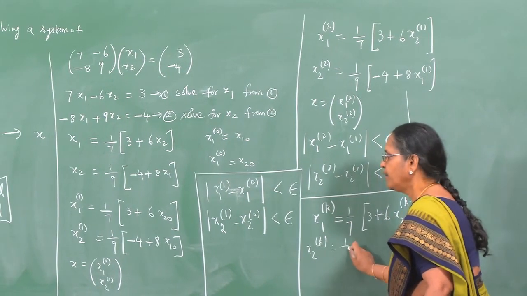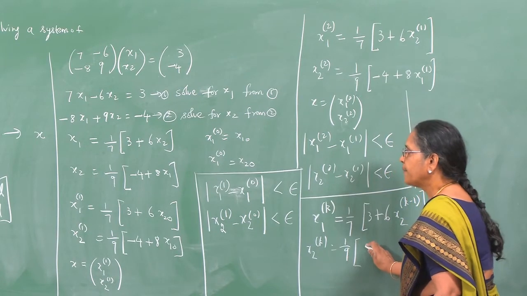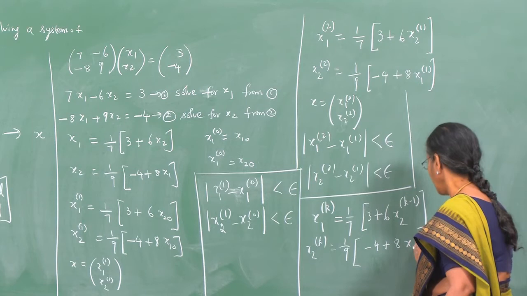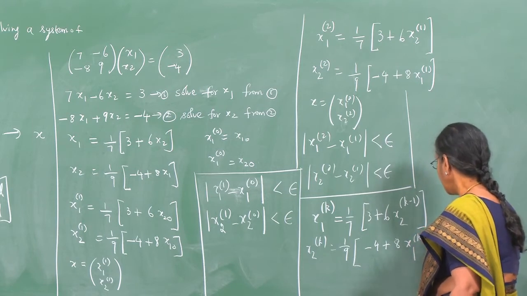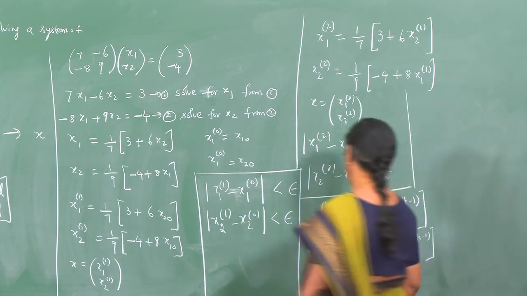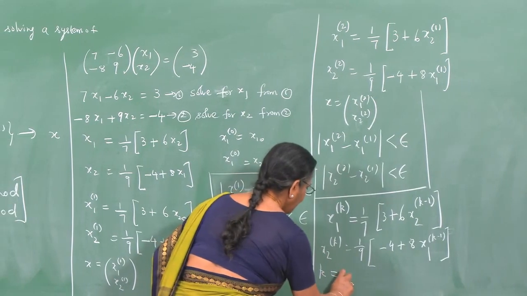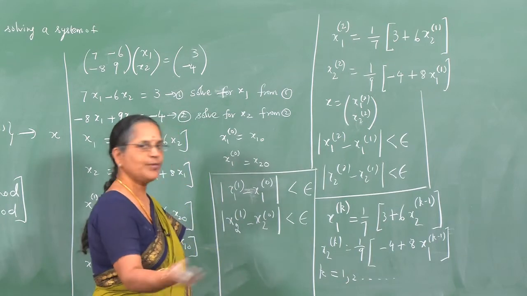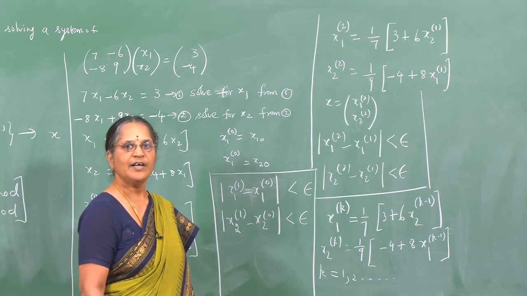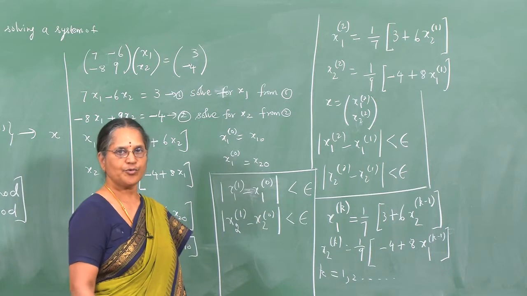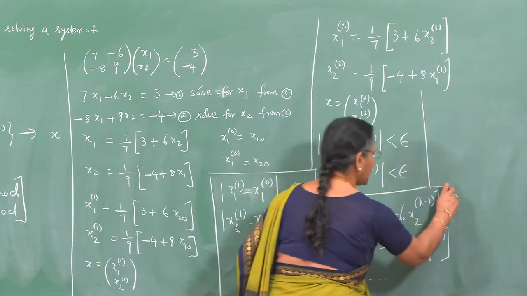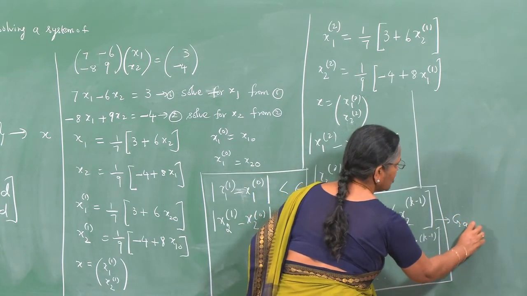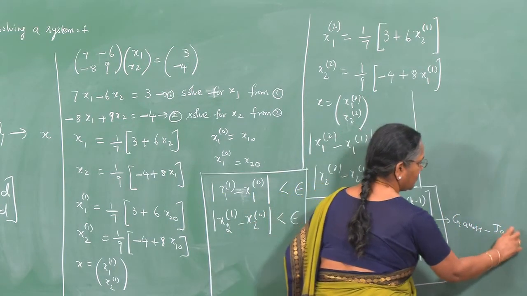It is 1 by 9 into minus 4 plus 8 times x1 available at the k minus 1 step. So, this is valid for k is equal to 1, 2, 3, etc. when I start with an initial approximation for x10, x20. So, this is what is known as Gauss-Jacobi method.